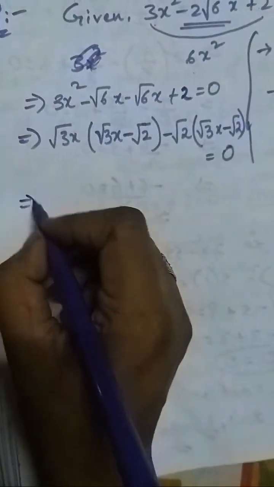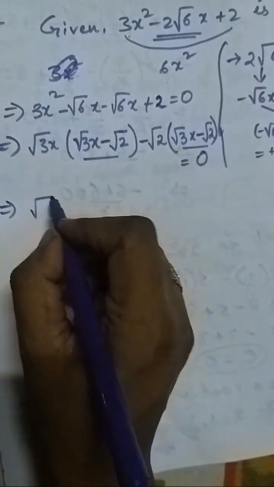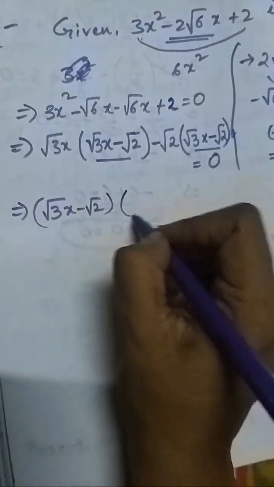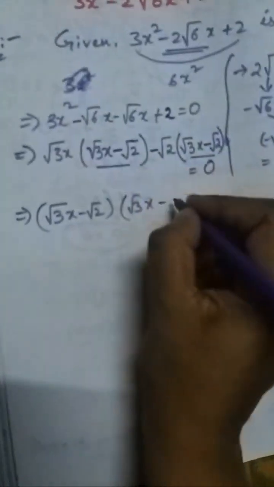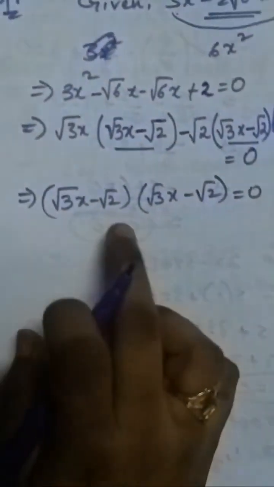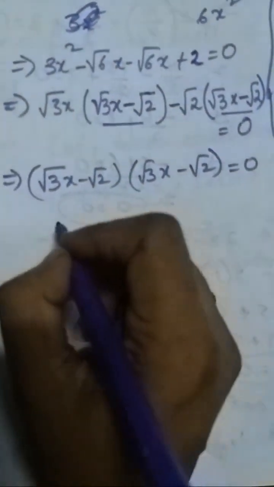Now this term and this term are common here. Take out this. What is remaining here? Root 3x minus root 2 is equal to 0. These are the factors; now we have to find the roots.